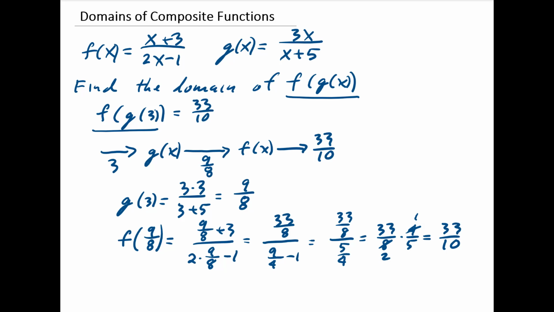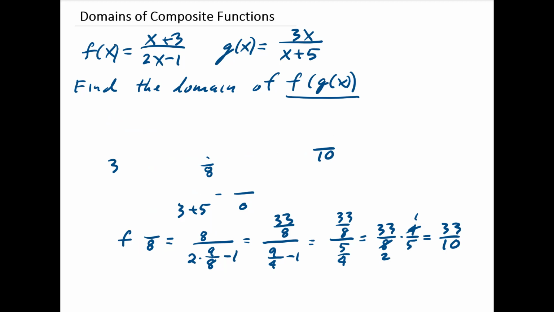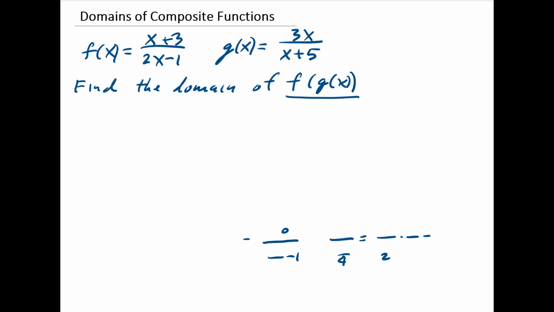So when you're looking for the domain of a function, I want you to think about the way composite functions work. They act kind of like an assembly line. Okay, so let's find the domain of f(g(x)). Let me erase some of this. And again, let's think of this as an assembly line.